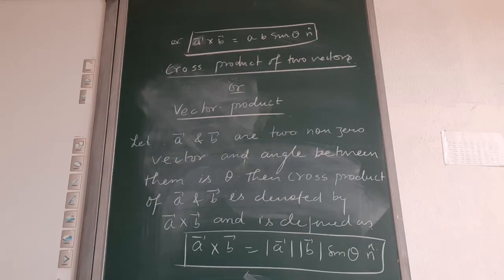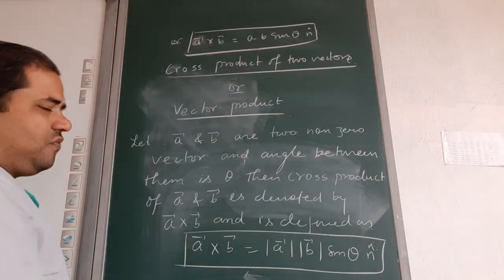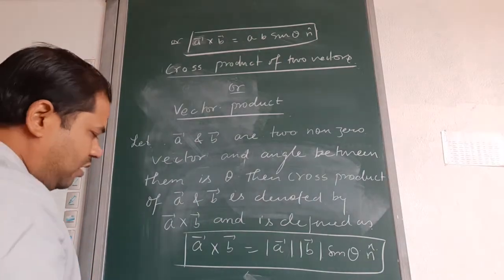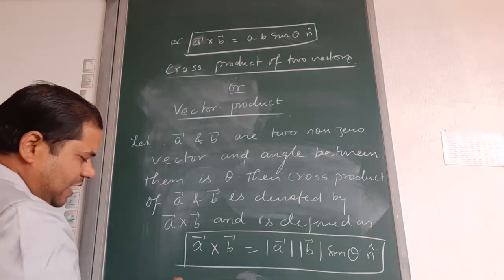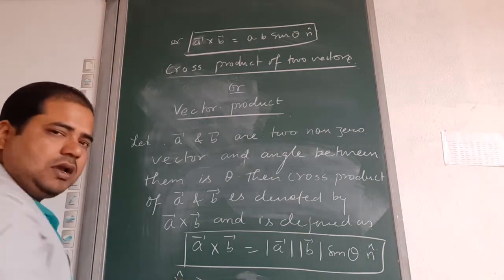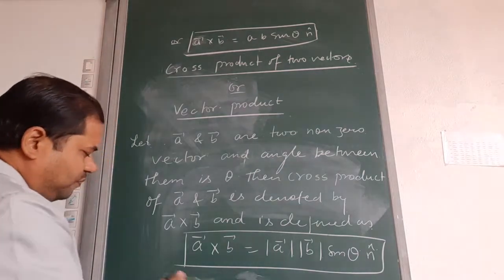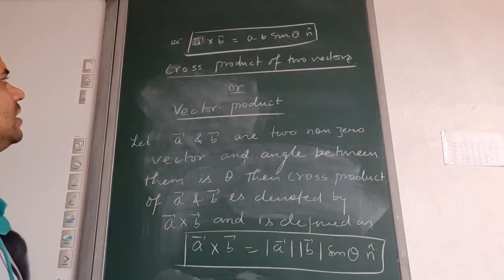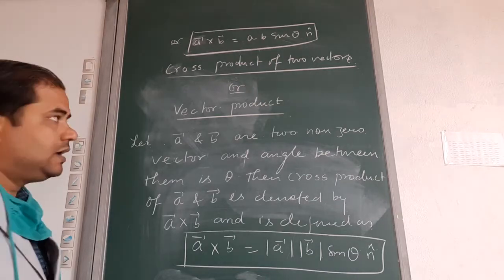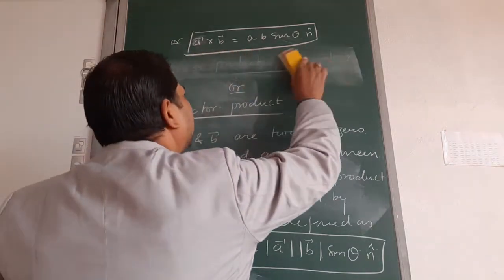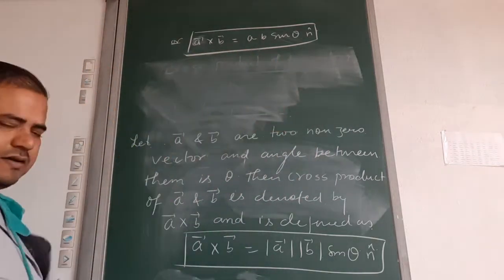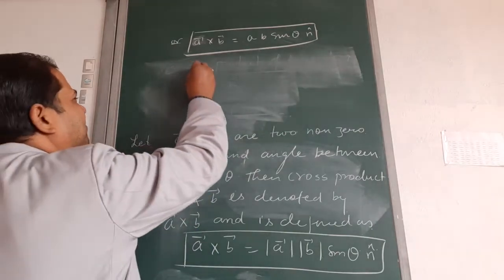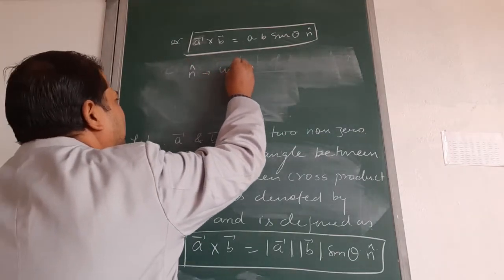And what about n cap? What is the value of n cap? So n cap is nothing but the unit vector perpendicular to both A and B. Here, write n cap is a unit vector.